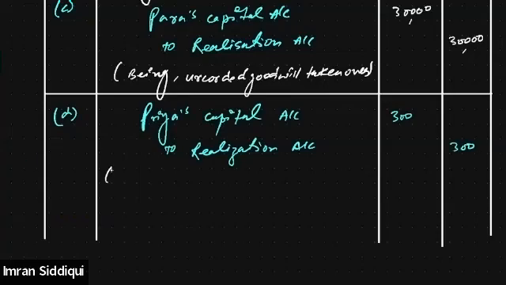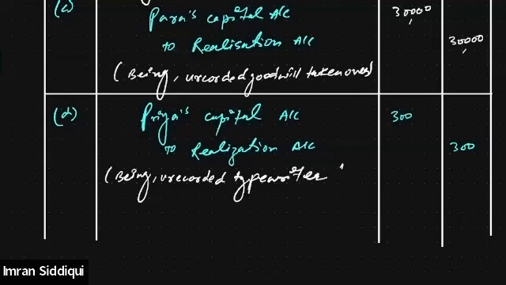And narration will be: being typewriter, unrecorded typewriter, taken at price less 25%.